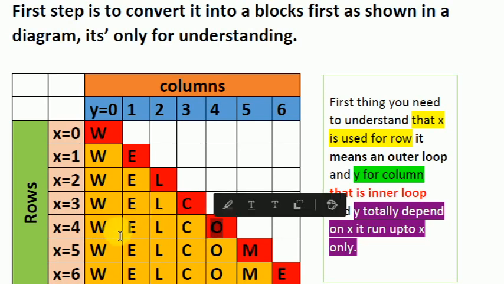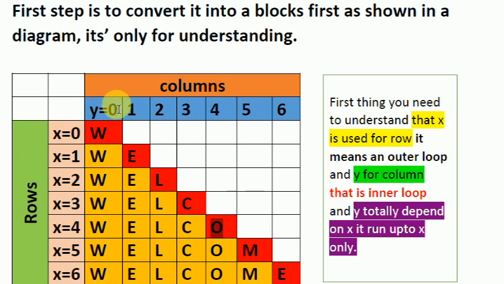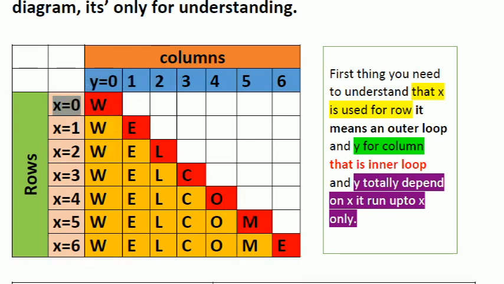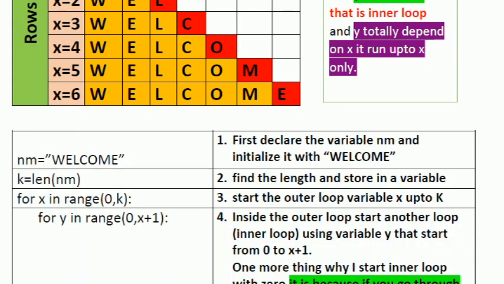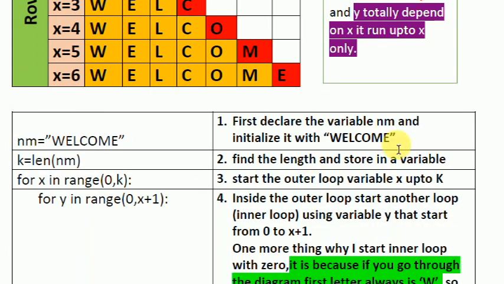It means the inner loop is totally dependent on the outer loop. Now we move to the coding. First thing we need to find out is the length. Here is the code. I declare nm as welcome, then k equals the length of nm.